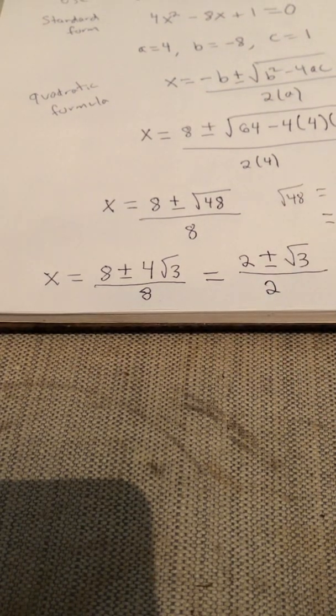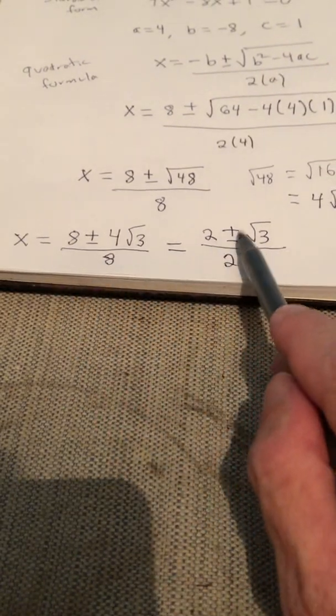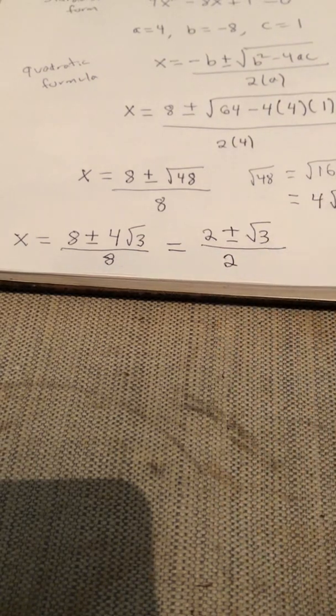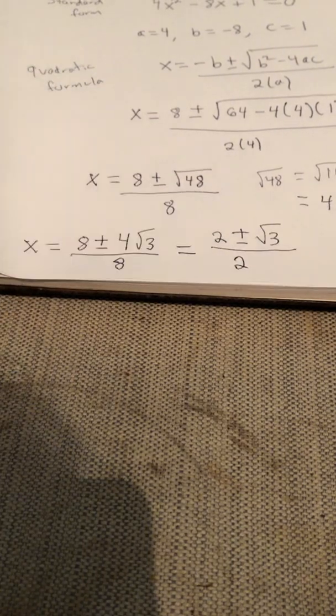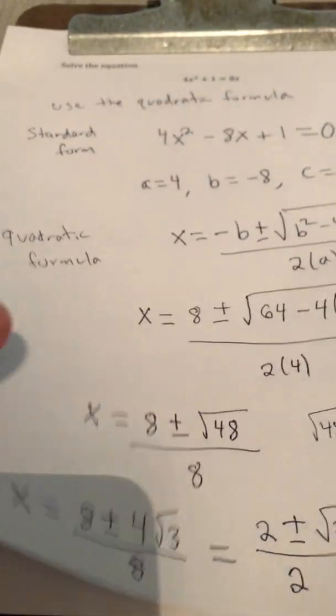So we actually have 2 values of x that satisfy the original equation. They are 2 plus the square root of 3 over 2 and 2 minus the square root of 3 all over 2. So as we did in the previous problems, we could write our answer as a solution set.